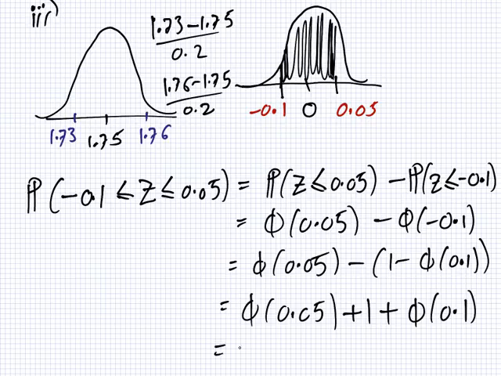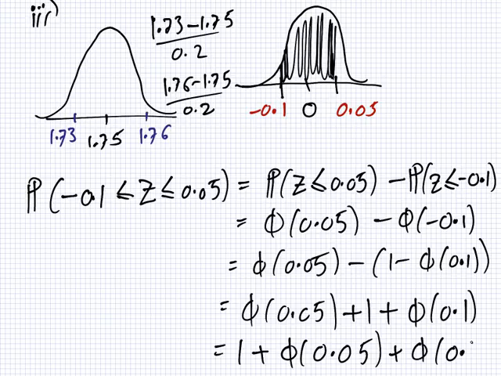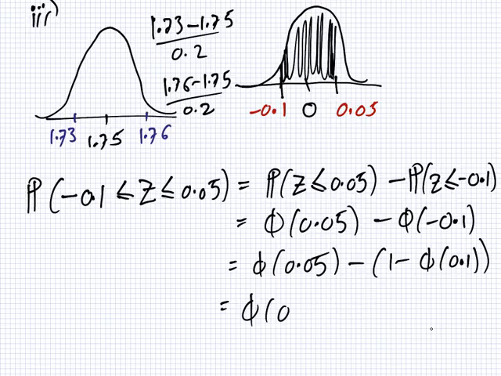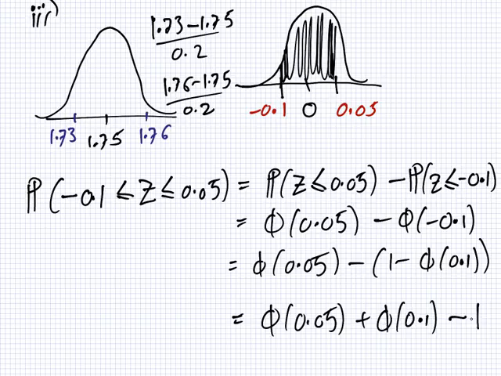So the answer is 1 plus whatever's in the table book for 0.05 plus whatever in the table book for 0. It's minus 1. Hang on, reverse. Put the car in reverse. Let's try that again. Table book 0.05 plus table book 0.1 minus 1. Yeah. Otherwise we'd have more than 1 in our answer.